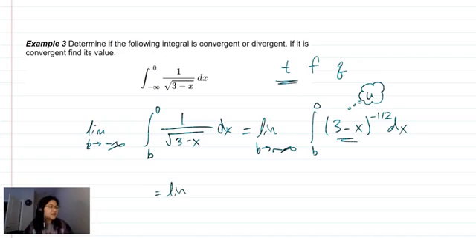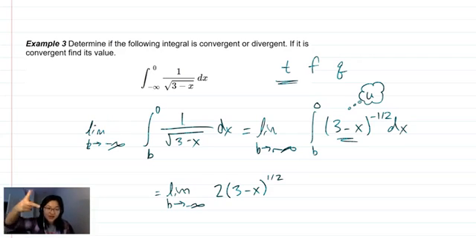So let's do limit as b approaches negative infinity. So we get 3 minus x, and then we add 1 to the power, so we get 1/2, and divide by our new power, so that's multiplying by 2, because dividing by a fraction is the same as multiplying by the reciprocal. And then, in order to deal with our chain rule, we gotta negate everything, and we're going from b to 0.